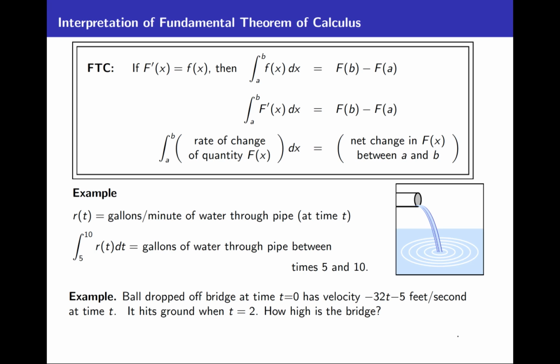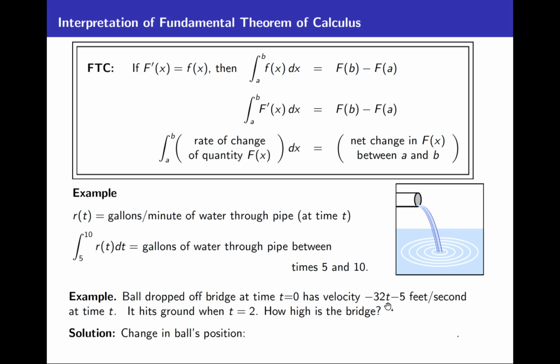But you could also look at this in the context of this new interpretation of a definite integral. To see how, think of it this way. Think of the change in the ball's position between times t equals 0 and t equals 2. That would be the height of the bridge, how much that ball has changed.